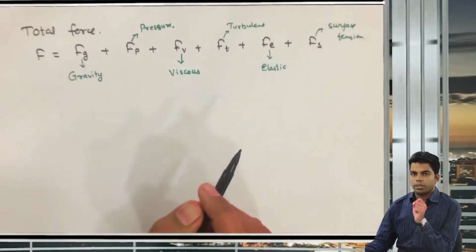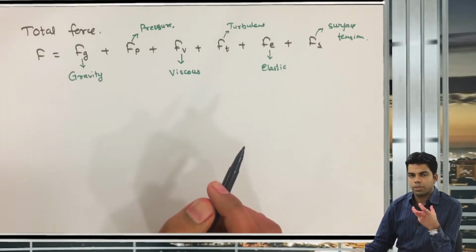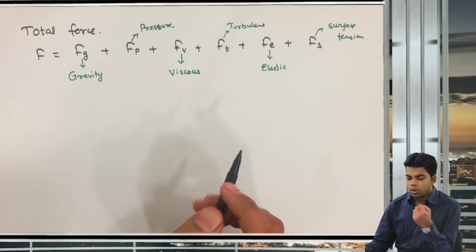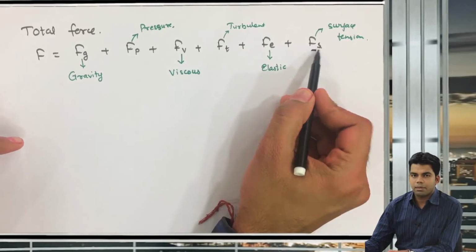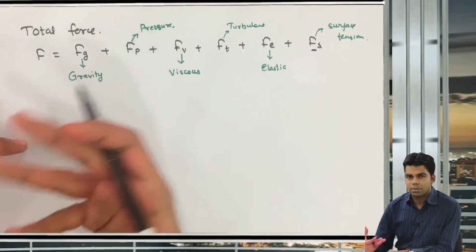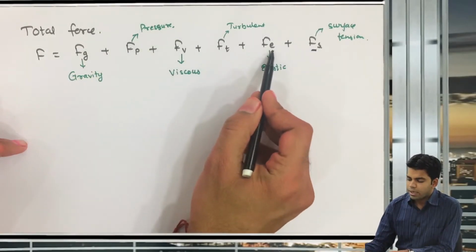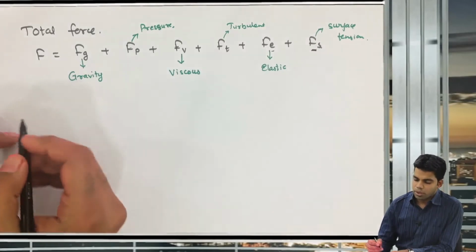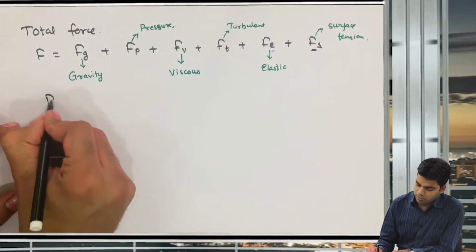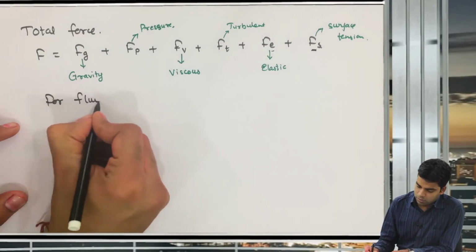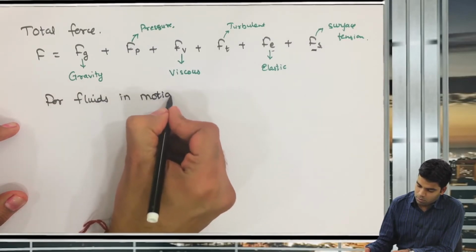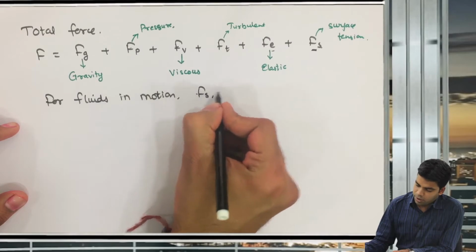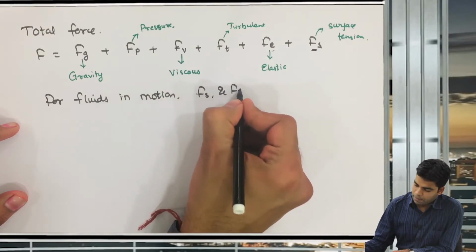Now, a very important thing: suppose the fluid is in motion, we have a moving fluid. In a moving fluid, obviously the surface tension force will be neglected, because surface tension is almost negligible in a flowing liquid. Second, the elastic force will also be neglected. Therefore, for fluids in motion, Fs and Fe can be neglected.